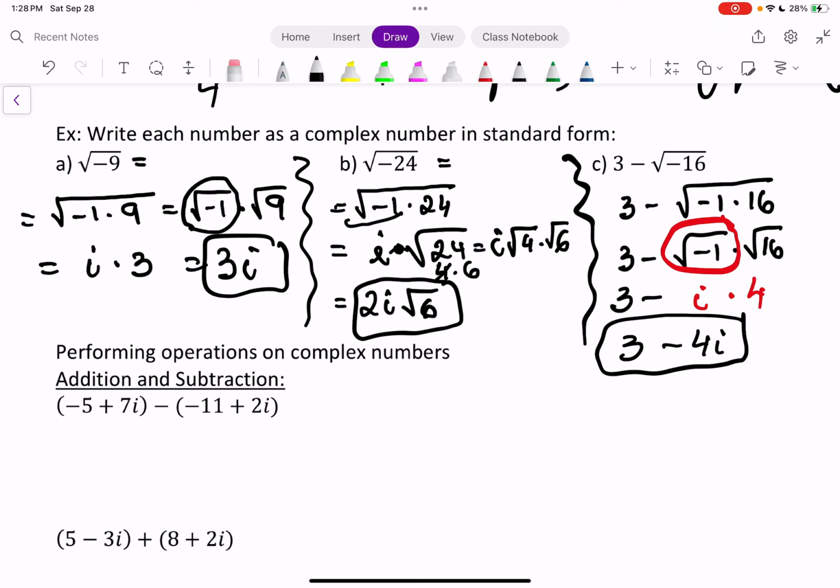The reason I'm leaving this i at the front is that it's the same thing as 2 square root of 6 i, but we never like to write anything behind square roots, because then some of you might make the square root shorter or longer, and we're never sure whether a value is inside the square root or outside. So no matter what, we don't like to write numbers or anything behind a square root.